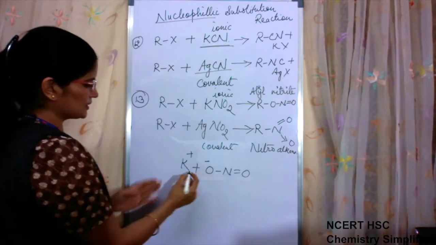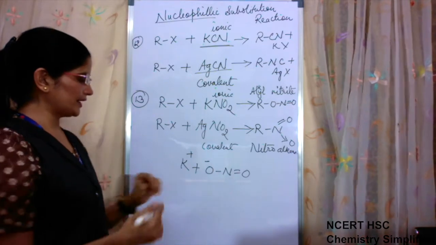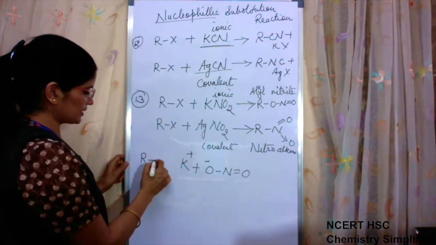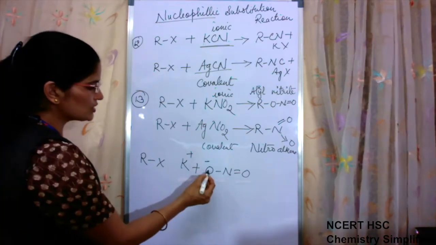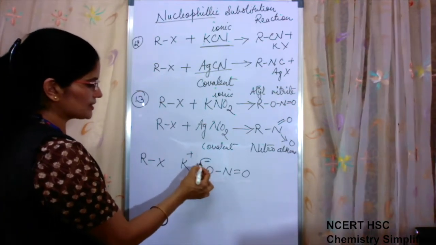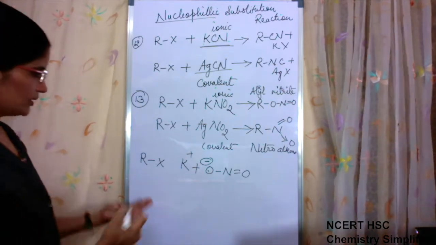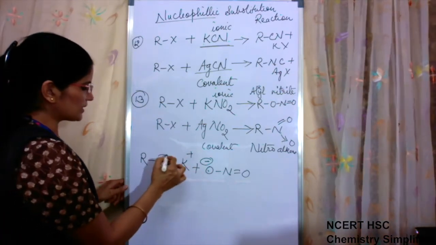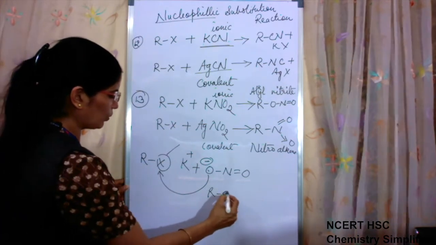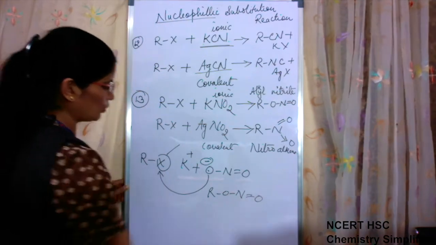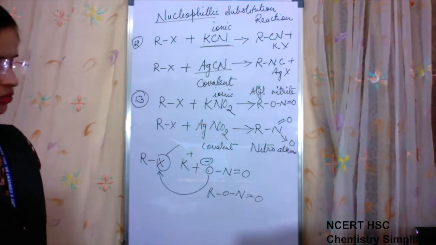When they ionize, K positive and NO2 with O having a negative sign is formed. When they react with RX, because this O atom already bears a negative charge, it is more ready to form the bond. That is why it removes X, replaces X and joins here to form R, O and double bond O, which is the product alkyl nitrite in case of KNO2.